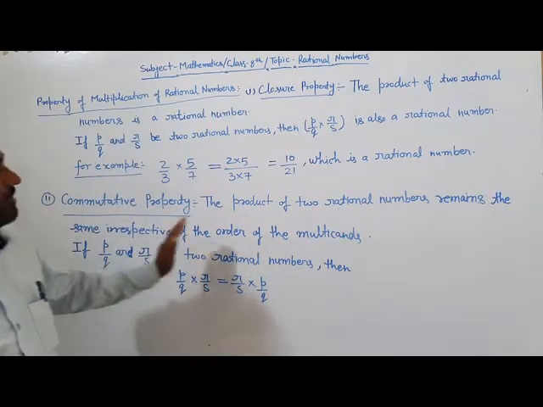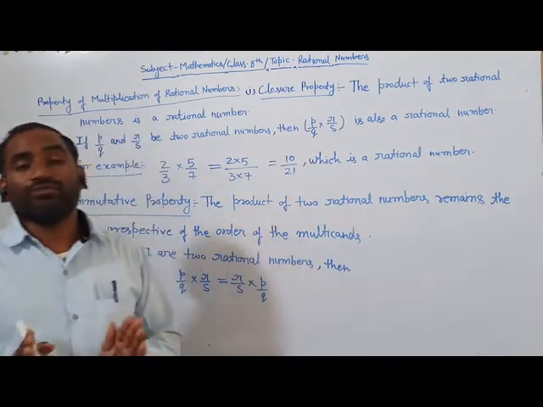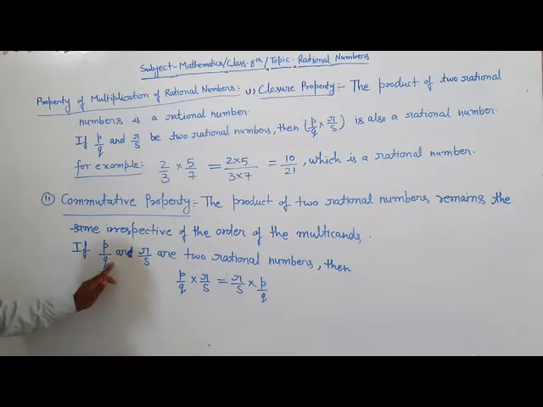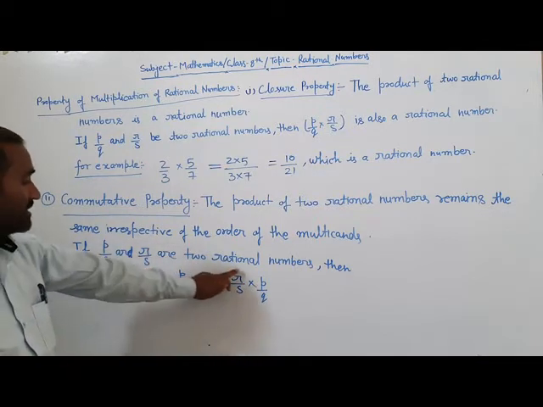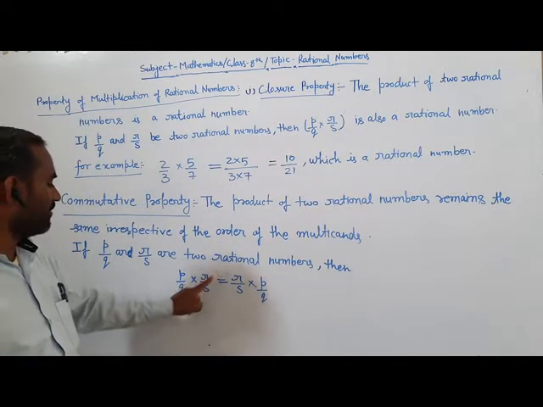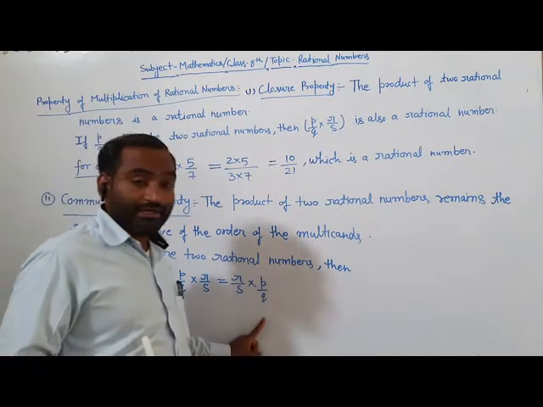The product of two rational numbers remains the same if we change the order of those rational numbers. If p by q and r by s are two rational numbers, then p by q into r by s is equal to r by s into p by q.